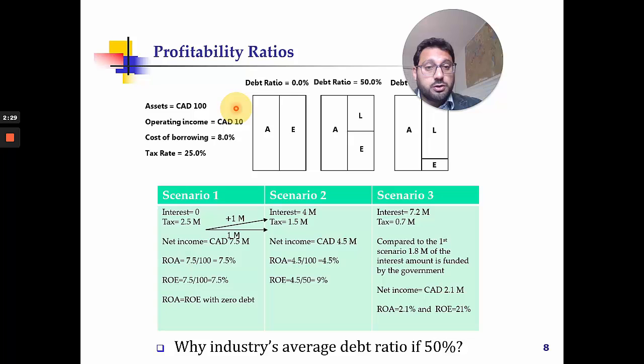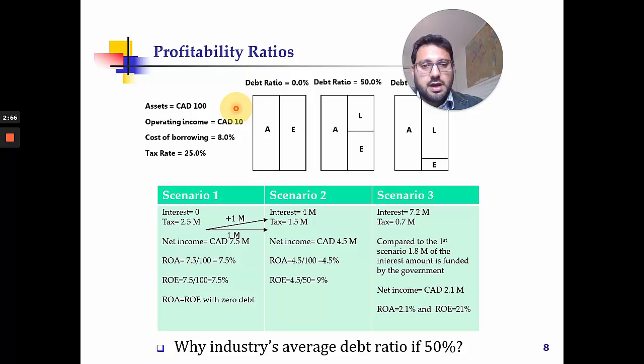Compared to the first scenario, 1.8 million out of the interest of 7.2 million is now financed by the government. Amazing. That means the after-tax cost of debt is low. In this situation, net income is 2.1 million. The return on asset is 2.1%, and ROE is 21%.